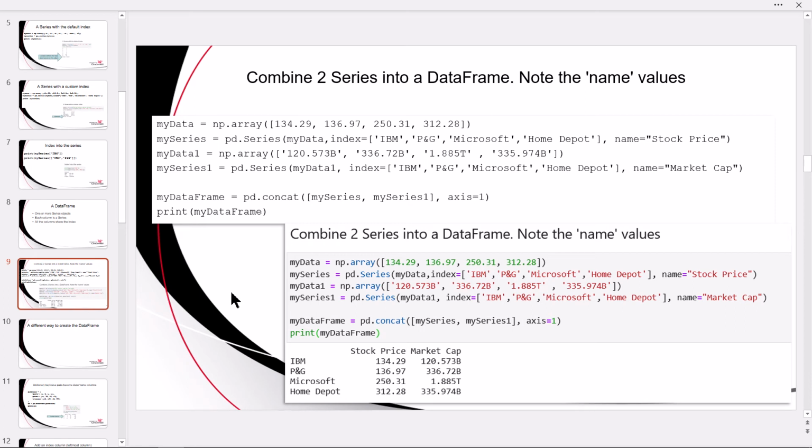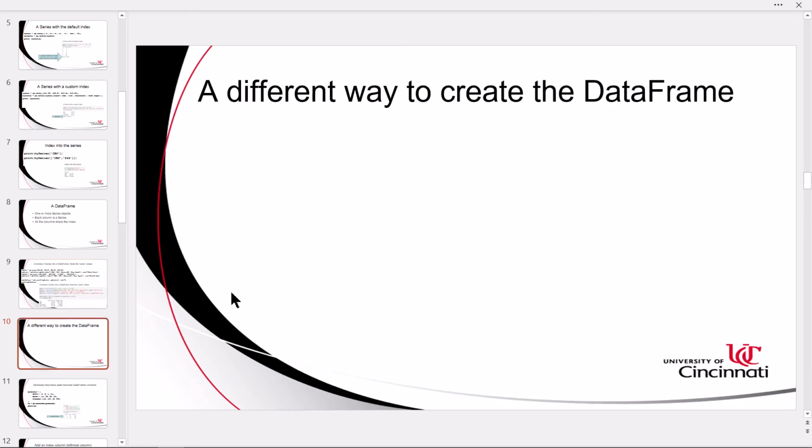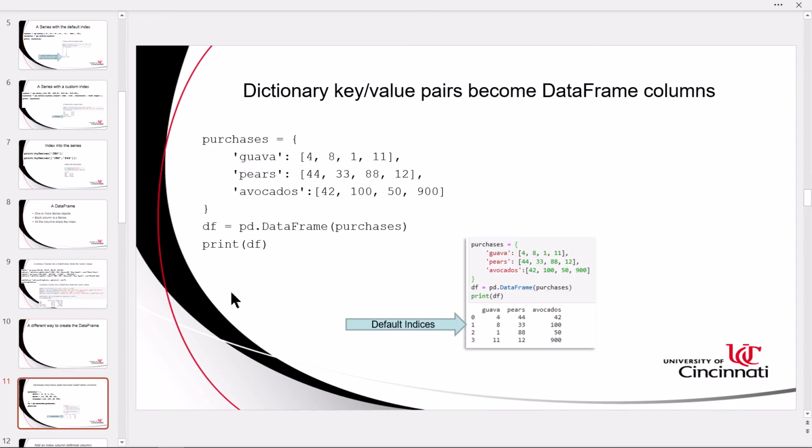The next thing we're going to do is create a data frame using a slightly different technology. We learned how to do it using a series. We're going to learn how to do it now using a dictionary.